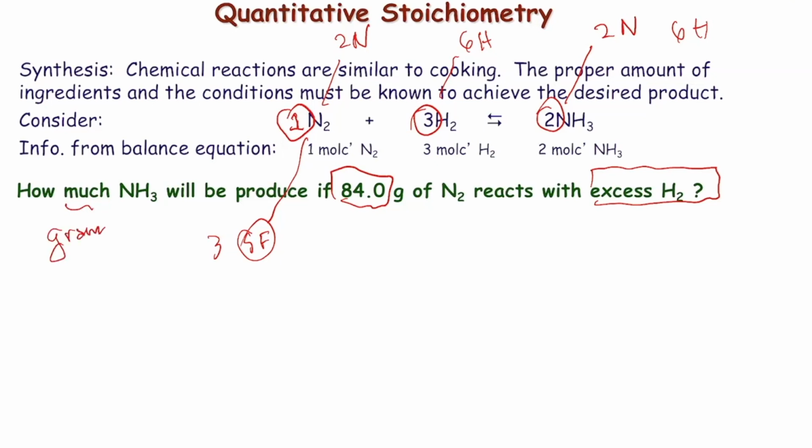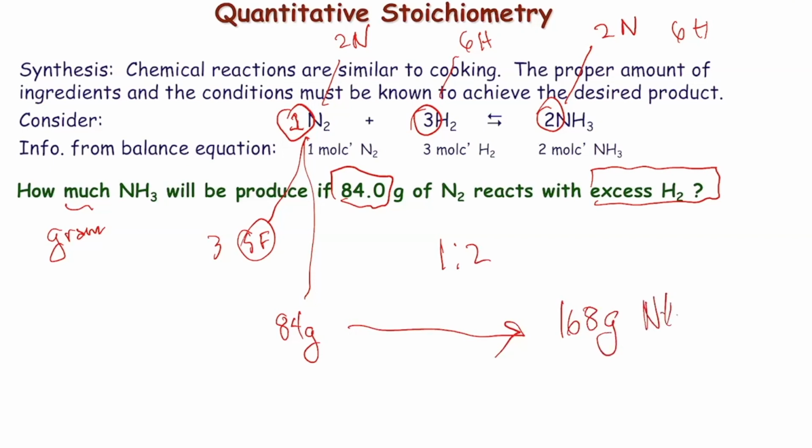How many grams, okay? So if I have 84 grams of nitrogen and I see from the balanced equation it's a 1:2 ratio, don't do this: 168 grams of ammonia will be produced because of that 1:2 ratio. No, because the 84 grams represents a different amount of nitrogen molecules.